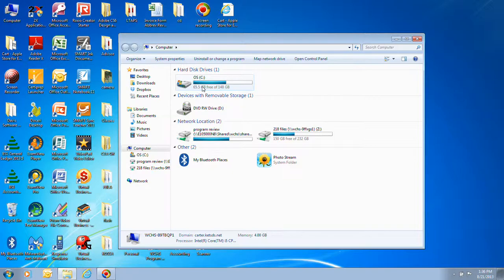Typically it may be called that, but they named this one the OS for the operating system. Of course, notice I do have a DVD-RW drive, and that's D because that's the next letter. I do have some network drives down here, and those typically will have letters as well, like this one, drive Z. I'm going to plug a flash drive into my computer here.